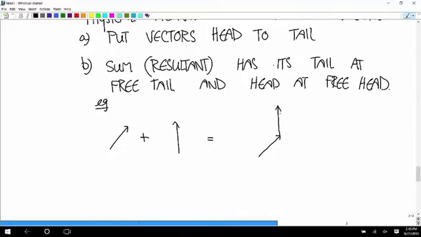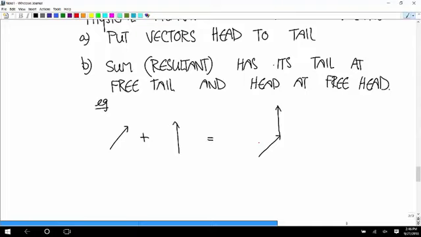Tail to head. As in, put the vectors head to tail. Okay, so all I've done so far is put the vectors head to tail. I haven't done the second part yet. And then the resultant vector goes from the free tail to the free head. Like this tail and this head are touching, so they're not free.